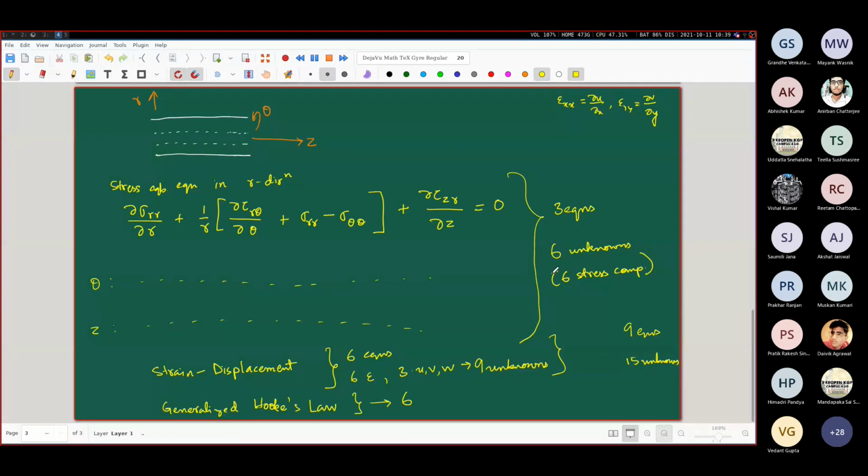Earlier we had 9 equations. Now at the end of it, we have 15 equations and 15 unknowns. Great. Job is done, right? 15 equations, 15 unknowns, so no more to discuss. But it is not like that.